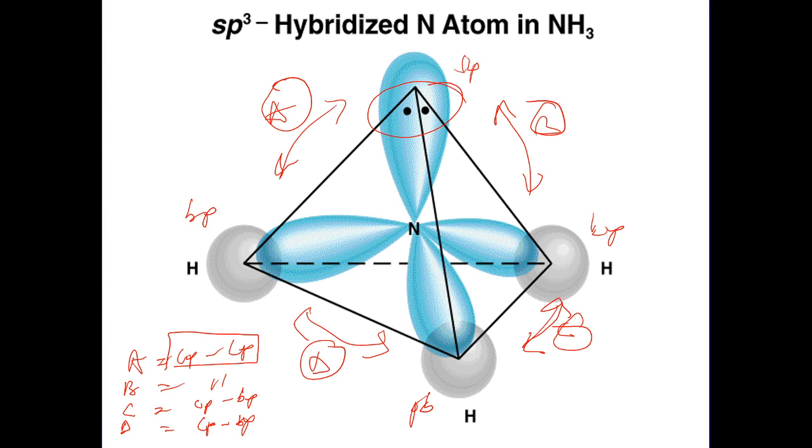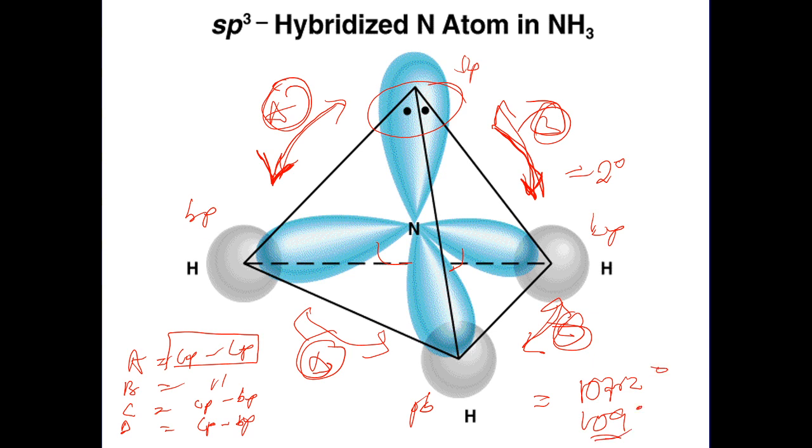It causes the molecule to squeeze these angles a bit because the repulsion between A and B is greater than C and D. So it will be pushing the bond further in that direction, and it only achieves that by 2 degrees. That's why if you notice in ammonia, the bond angle is 107.2, and in an ideal tetrahedral it is 109 degrees.